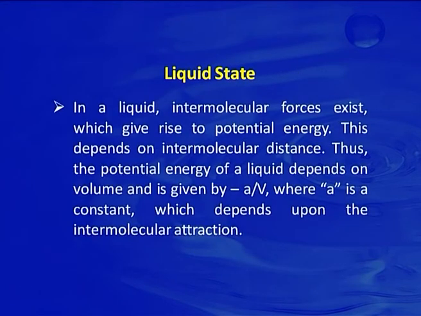In a liquid, intermolecular forces exist which give rise to potential energy. Here, the potential energy comes into account. This depends on intermolecular distance. Thus, the potential energy of a liquid depends on volume and it is given by minus a upon capital V, where small a is a constant which depends upon the intermolecular attraction and V is the volume.